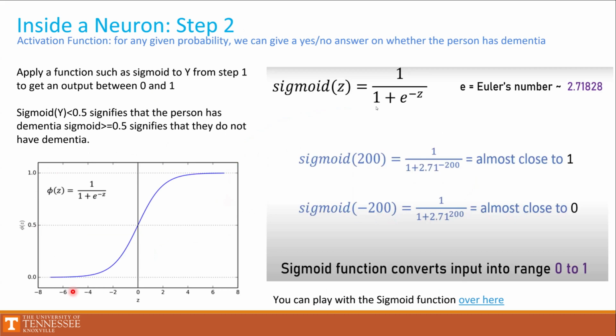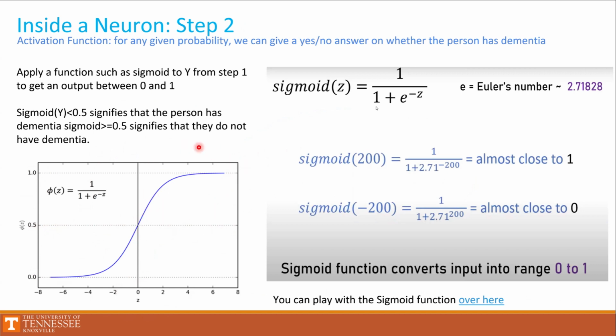So when I have a function like this, all my y probabilities are converted from 0 to 1. Then in the middle I take this line, and it is easy for me to take a decision that below 0.5 people will have no dementia, and above it people will have dementia.